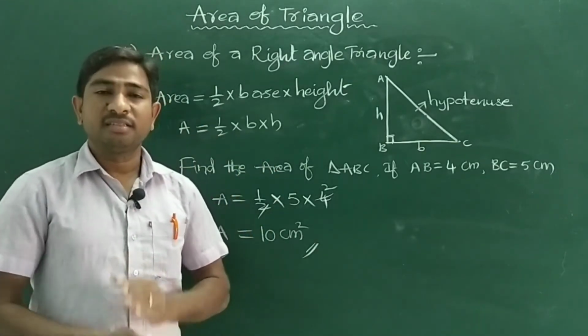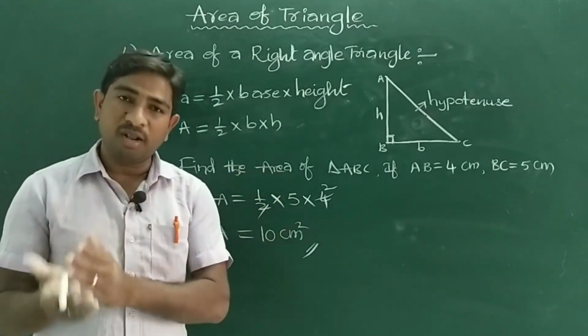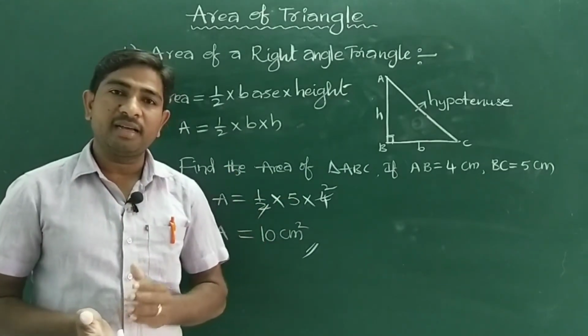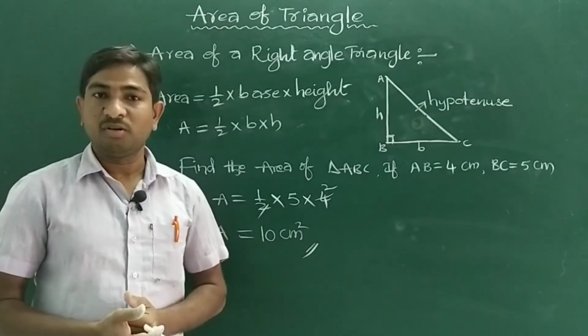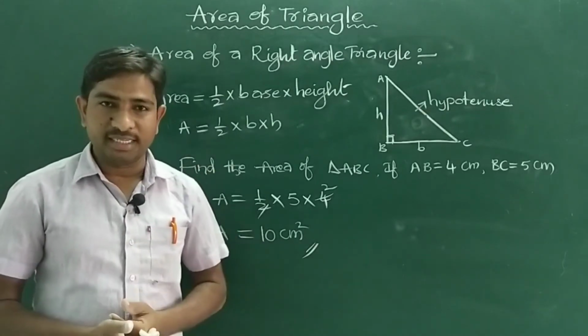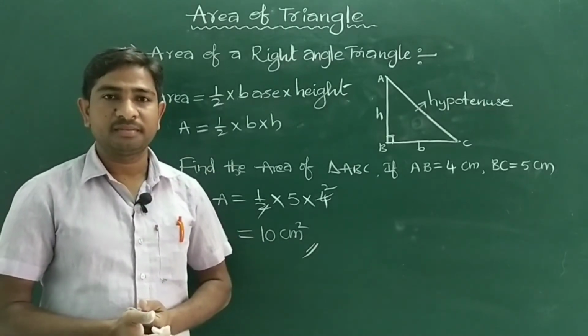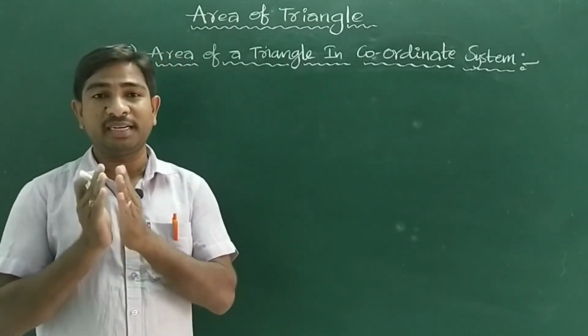Okay. Right. So now see some various different model problems, how to find the area of the triangle in coordinate system. Okay, I will explain how to find the area of the triangle in coordinate system. Now see the most important concept.